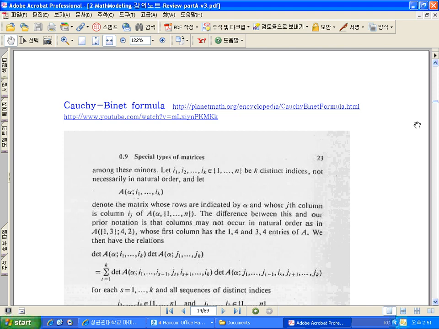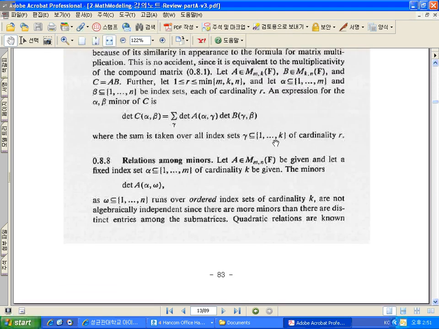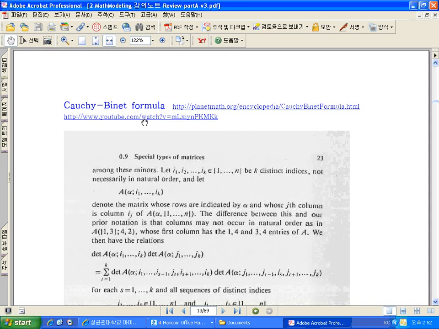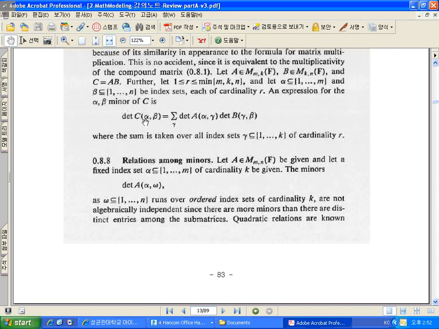Okay, the Cauchy-Binet theorem is important because this is the natural generalization of the multiplicative property of determinants, and also the determinant of a submatrix of AB can be obtained by knowing the determinant of a submatrix of A and the determinant of a submatrix of B, which is a fascinating fact.